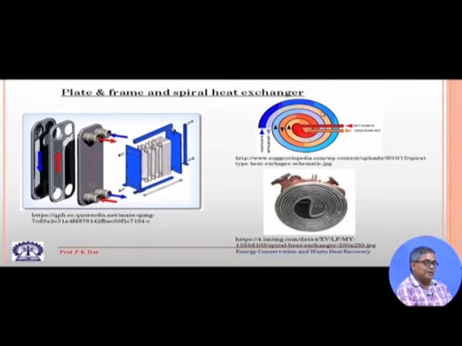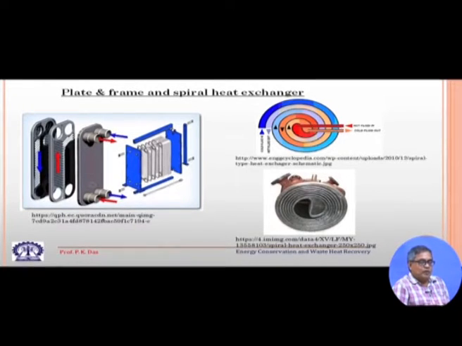So, this is a very typical arrangement, very close contact between the two streams, and a good amount of heat exchange is possible. This is one of the devices which can have a potential application in waste heat recovery, because we need a compact heat exchanger, and within a small volume, for a given small delta T, that is the temperature difference between the heat exchange fluids, we want a high rate of heat transfer.